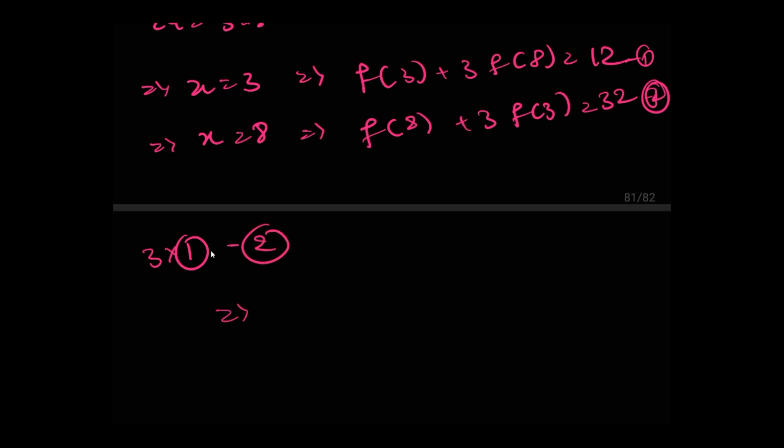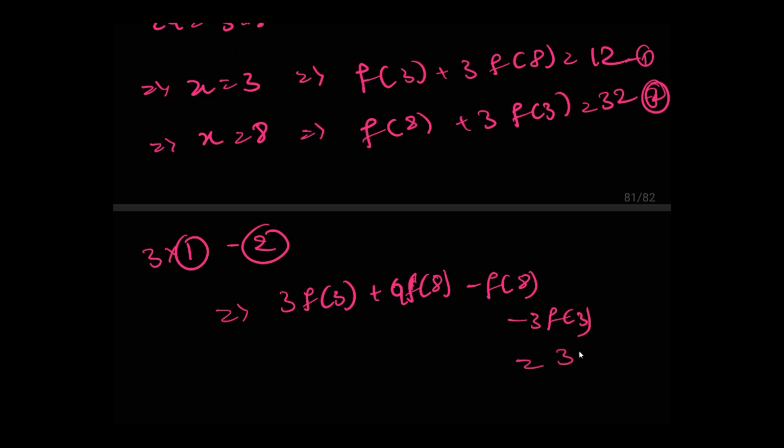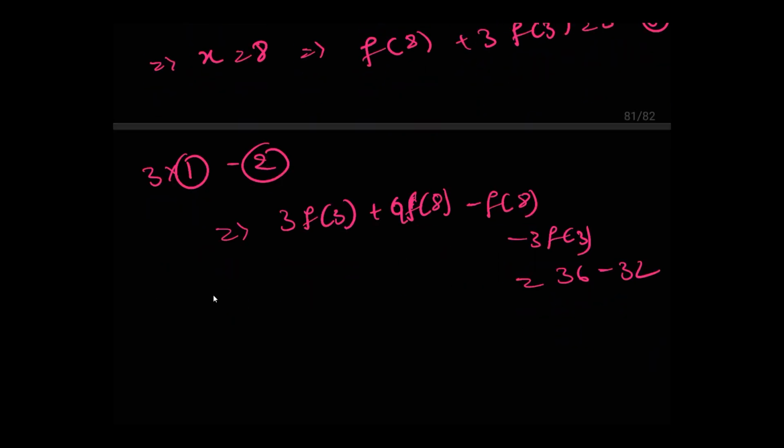We will get 3f(3) + 9f(8) - f(8) - 3f(3) equals 12 × 3 is 36 minus 32. We will get 8f(8) equals 4. That means f(8) is 1/2.